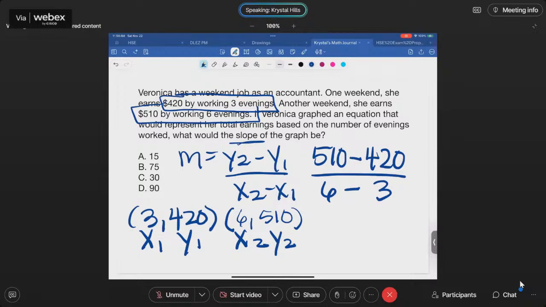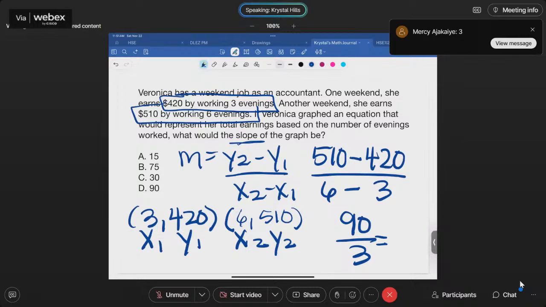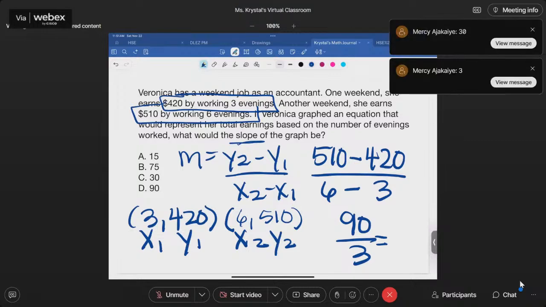What is 510 minus 420? 90. And what is 6 minus 3? 3. And how many times is 3 going to 90? 30 times. And my answer is C.